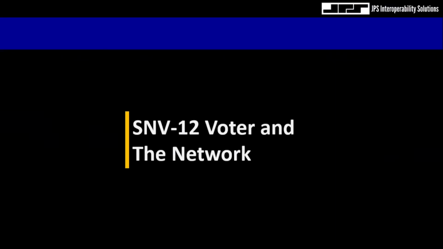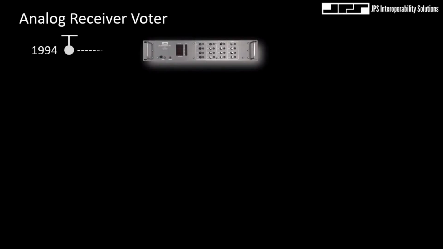And like many products developed in the 1990s that were really designed to improve land mobile radio communications, many did not have network capabilities. And that included the original JPS analog receiver voter, which some may not know was the SNV-4, which was first introduced in 1994. And in those early days, the SNV-4 had an RS-232 serial interface that allowed users to access controls using an attached computer.